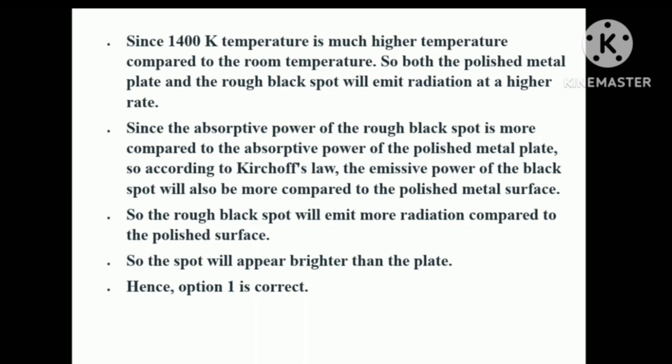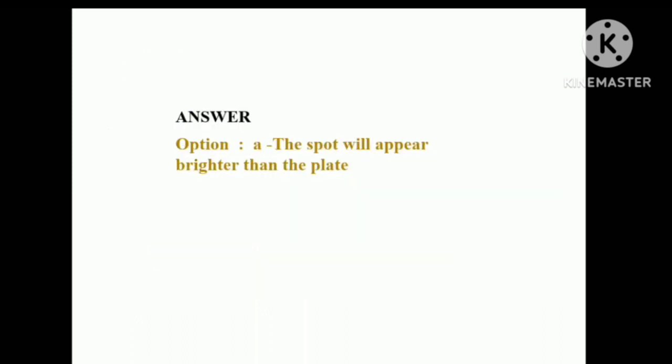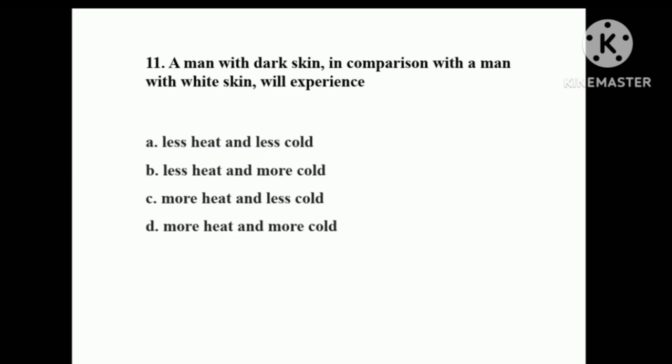So, the rough black spot will emit more radiation compared to the polished surface. So, the spot will appear brighter than the plate. Hence, option A, the spot will appear brighter than the plate, is the right answer.